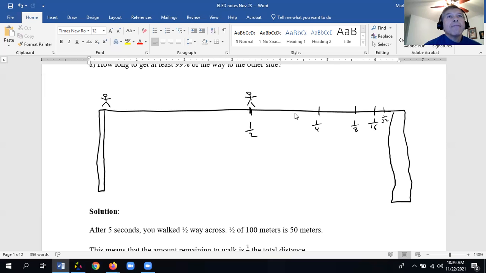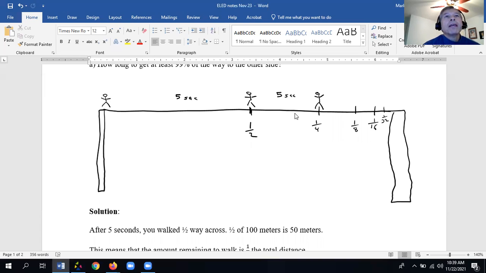The distance is 1/2, and half of a half is 1/4. So in another 5 seconds, you made it right to this point, walking across the bridge. Here was 5 seconds. And here was 5 seconds, right here. And that gives you a total of 3/4 of the distance.